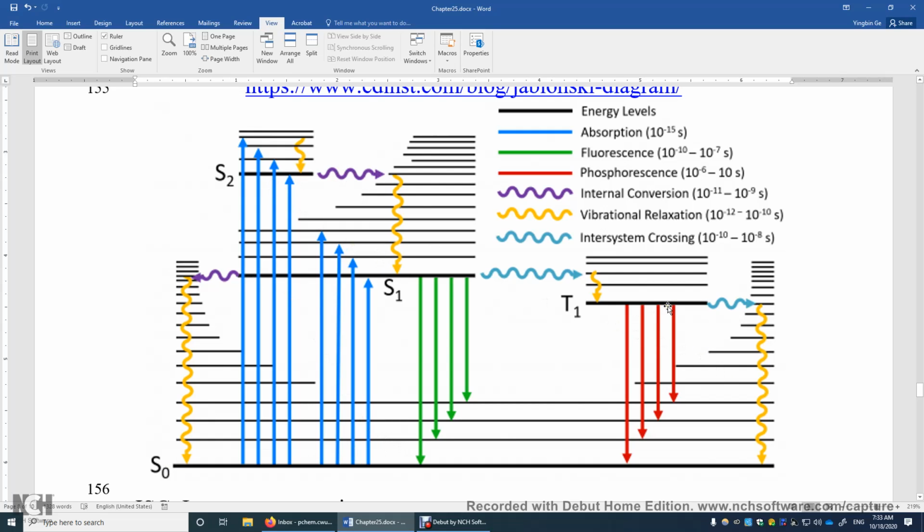And this is T1. The T1 energy level is typically slightly lower than S1 due to the exchange energy. Again, if all other conditions are the same, consider 2 alpha electrons versus 1 alpha and 1 beta. The 2 alpha electrons have lower energy because they have the same spin, therefore they cannot occupy the same spatial orbital.